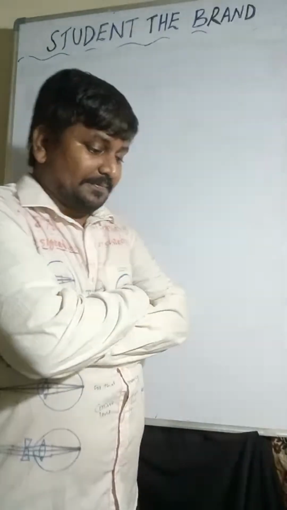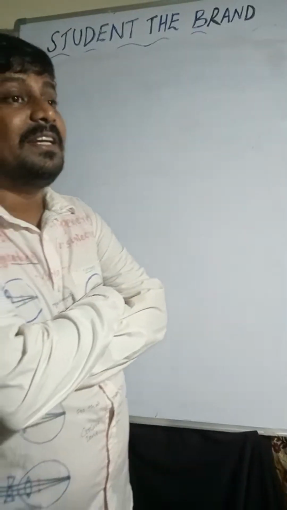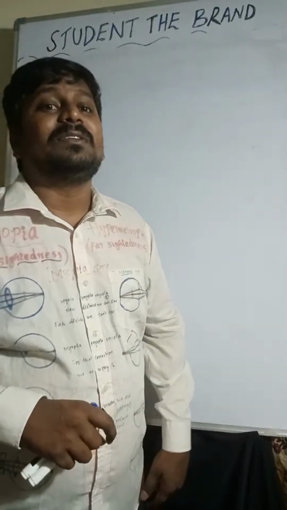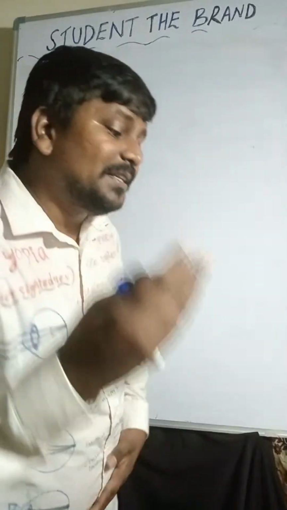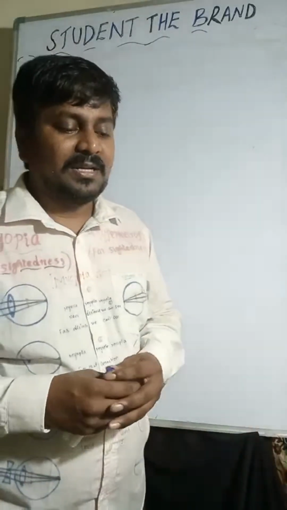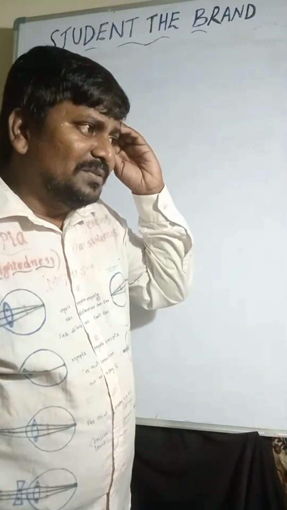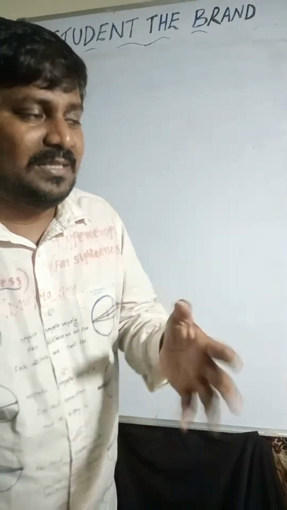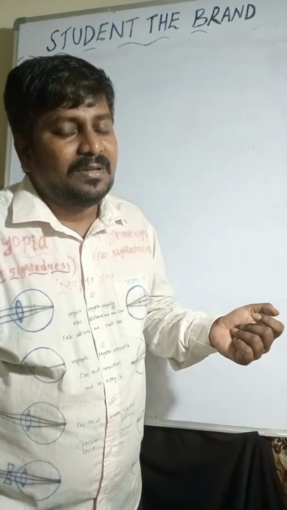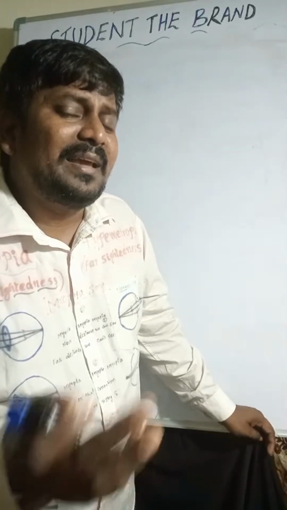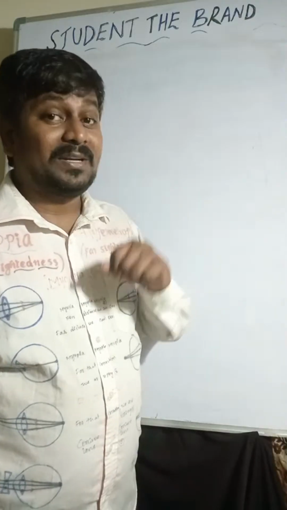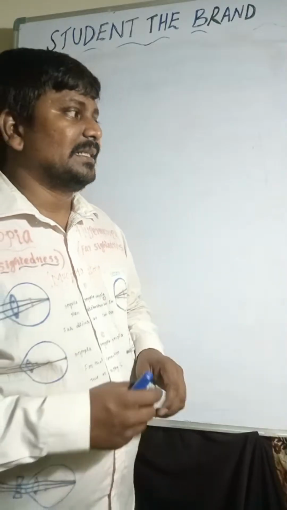Physical quantity. The quantity which can be measured is called a physical quantity. Sir, one more doubt, sir. Can you tell me examples for physical quantity? Physical quantity examples are there, no?